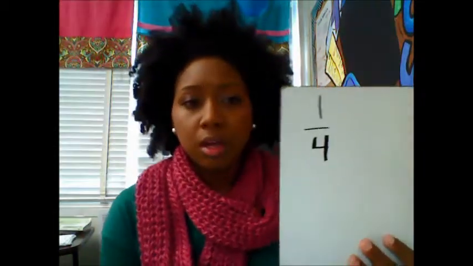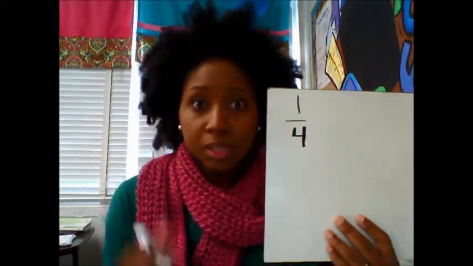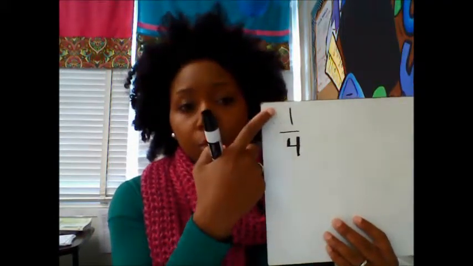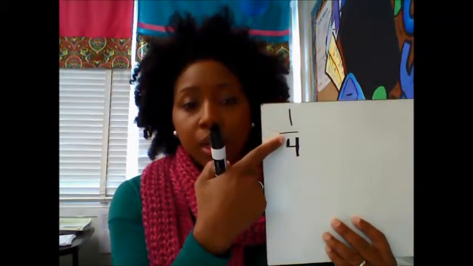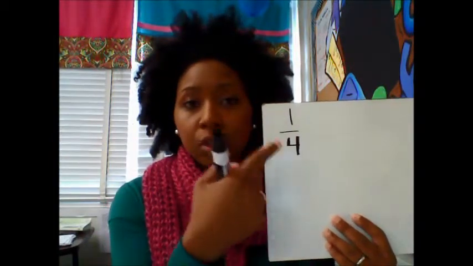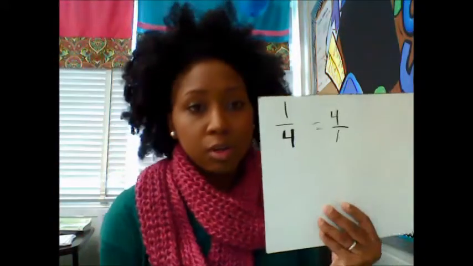I want you to look at a couple of fractions and tell me what is the reciprocal or the inverse. So 1/4, if I ask you to tell me what the inverse of this fraction is, the numerator now is 1, the denominator is 4. So we want to flip those and create the inverse or the reciprocal, which is going to equal 4/1.